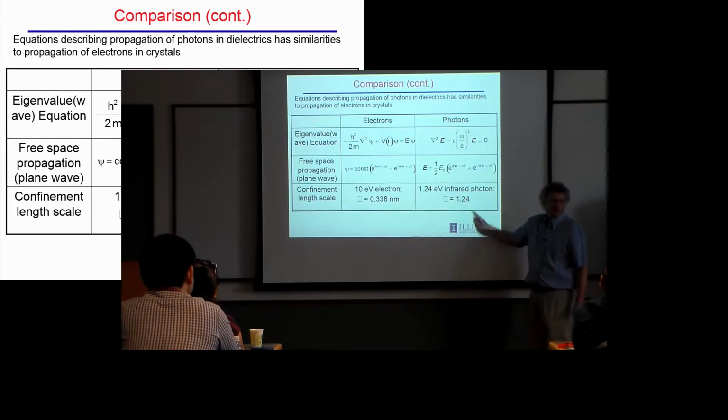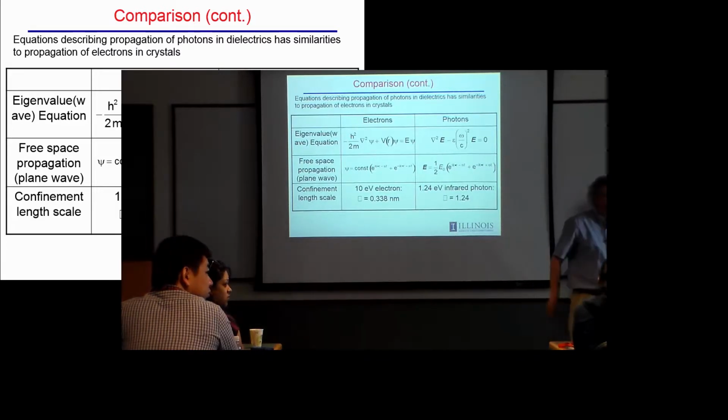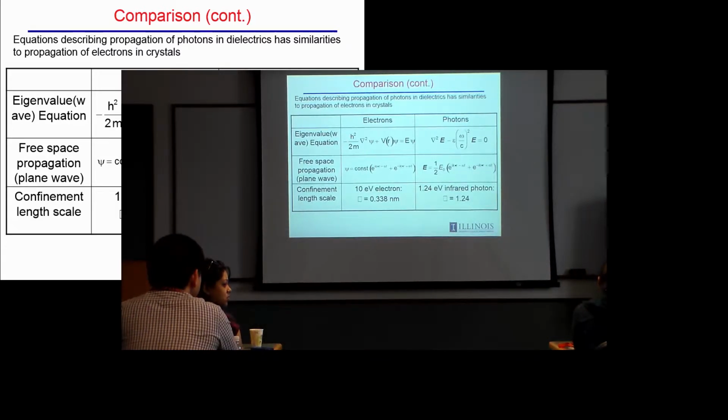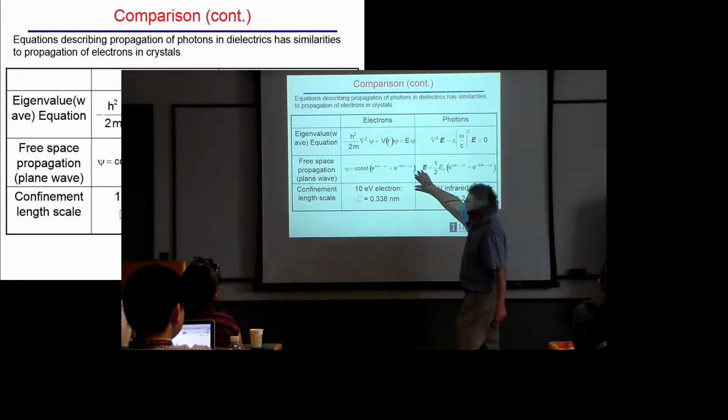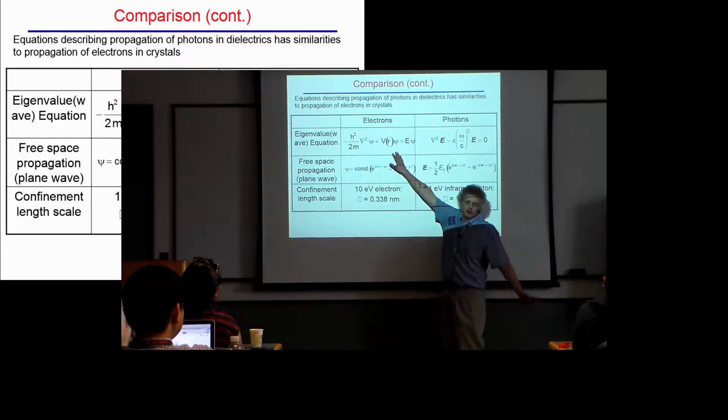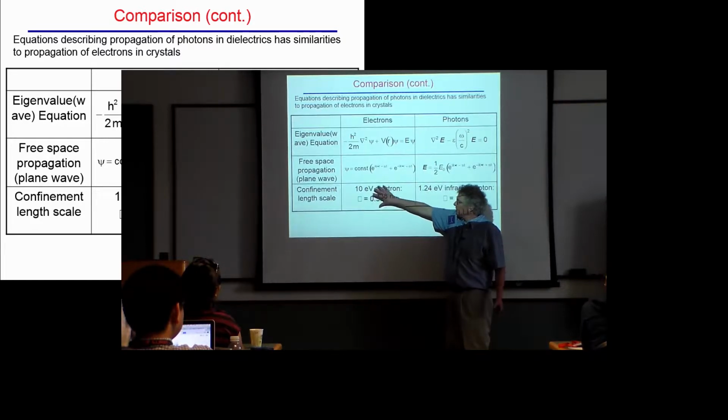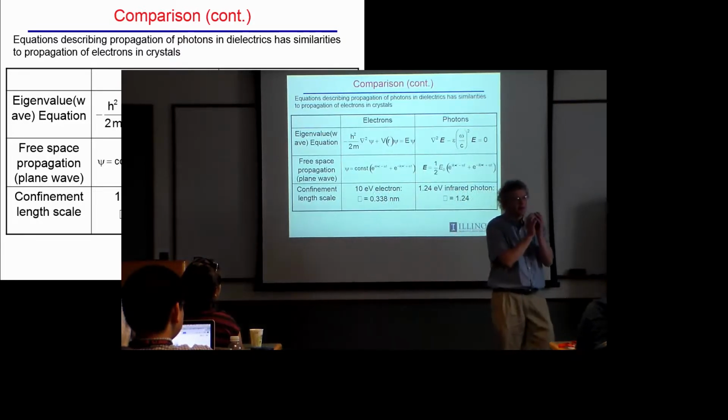Question? Yeah, what do you mean by confinement, like electrons? So I'm going to take one of these elementary particles, and I'm going to put it in a box. Okay? And what's the size of that box? Okay, so if I'm going to put in this electron, which has a wave function, and I talk about a 10 eV electron, how big a box would I have to put it in?